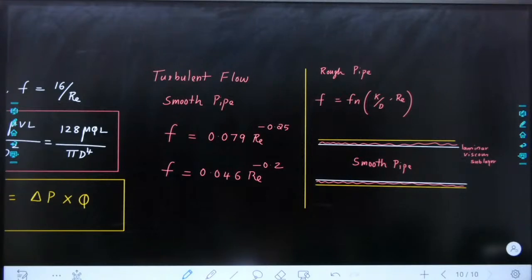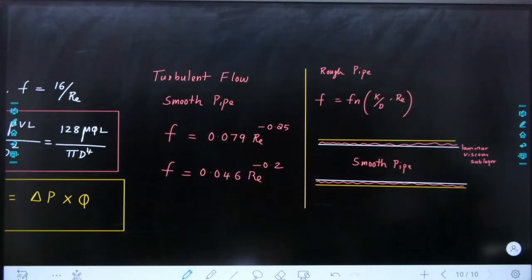So write all these equations. I hope up to this is fine.